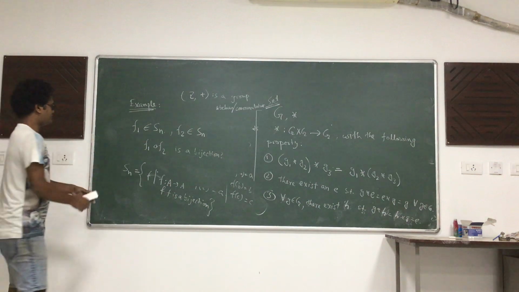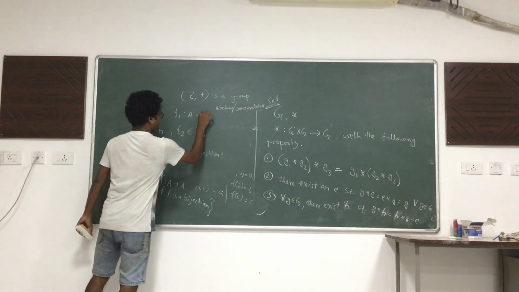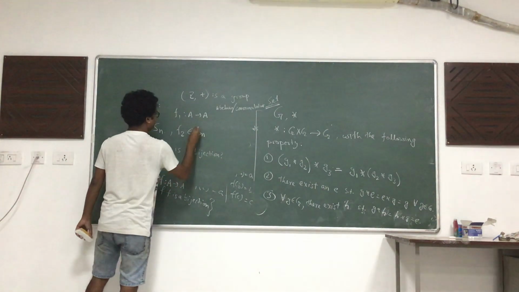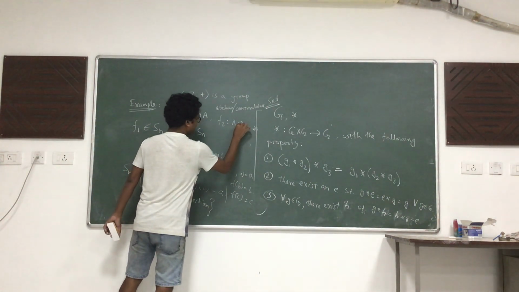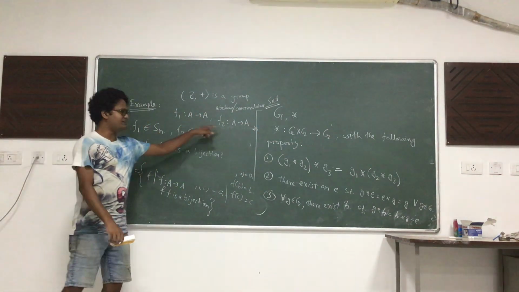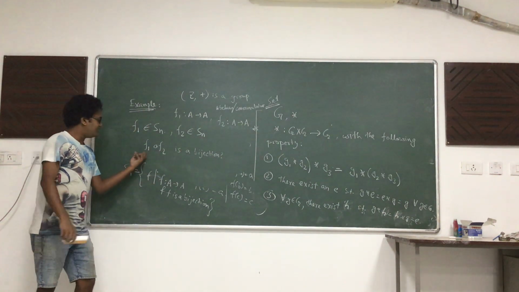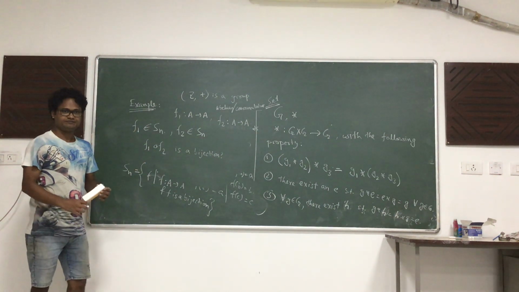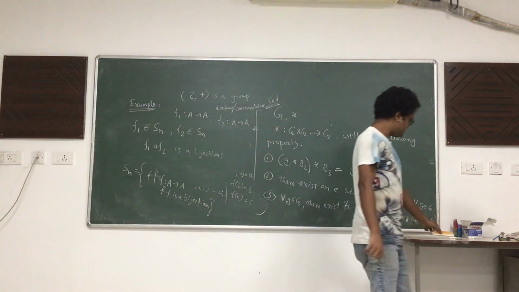Of course, F1 is a mapping from A to A, right? F2 is also another mapping, can be the same, can be different, from A to A. Both are bijections. What about F1 compose F2? Is it a bijection?